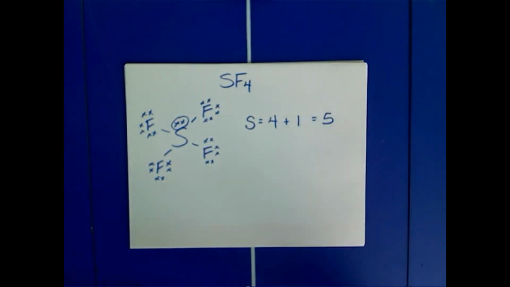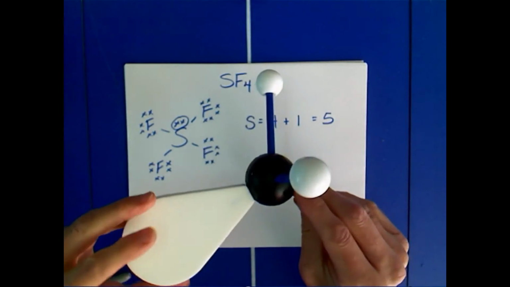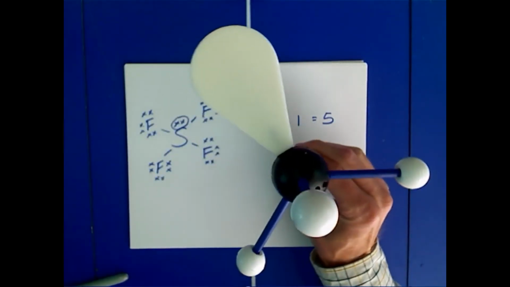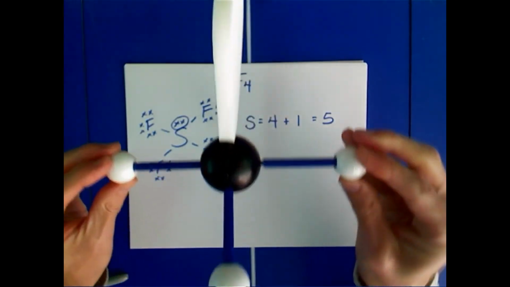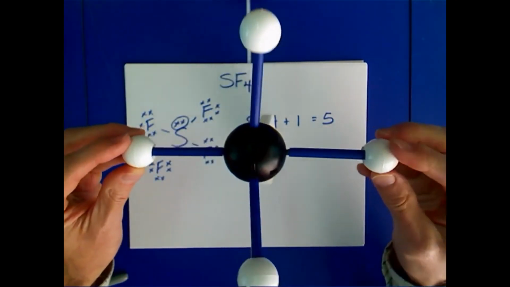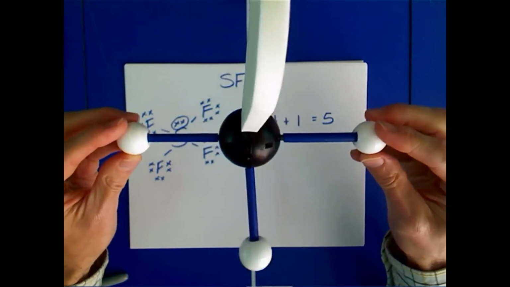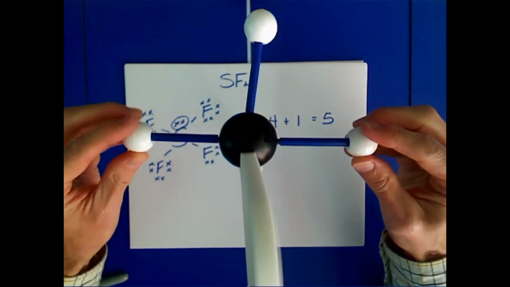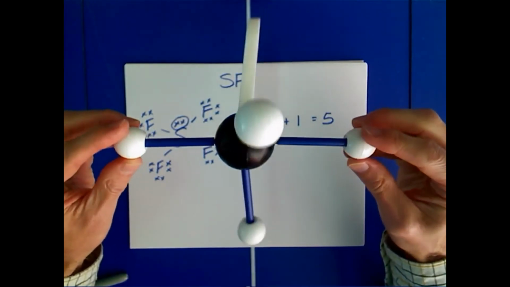And just like before, we're going to end up having the electron pairs orient themselves in this trigonal bipyramidal arrangement, where my hands are holding atoms in the axial position, and I'm rotating the equatorial positions.